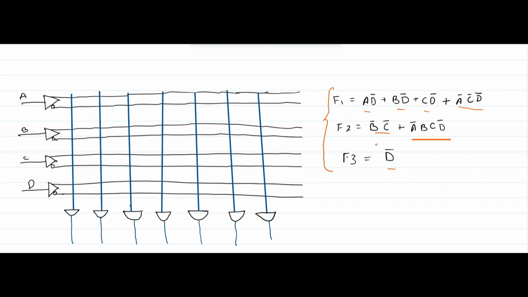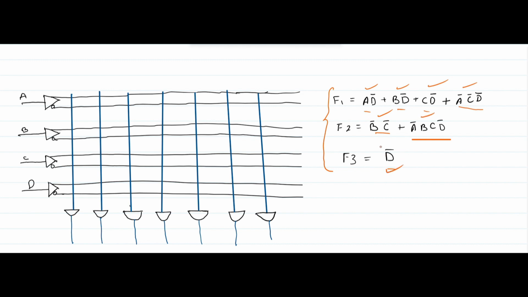And remember one thing, PAL, PLA or PROM have some fixed structure. So even if I need D bar, this will be coming from some AND gate, not directly. That means here I need 7 AND gates, right? One for this, one for this, one for this, one for this, 4, this is 5, this is 6, and this will come from the 7th AND gate.